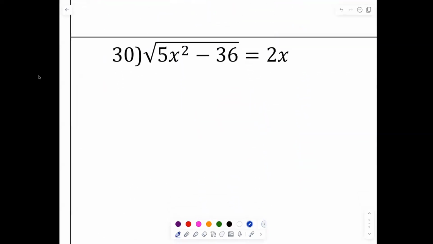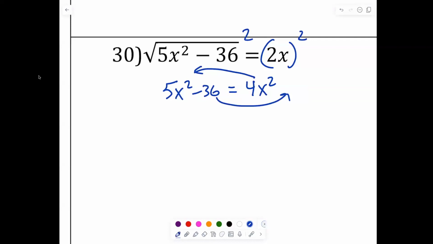What am I going to do to both sides here? Square, square, square. So 5x squared minus 36 equals what? 4x squared. Now, this is the one where I'm just going to move this over and move this over. So I end up with x squared equals what? 36, correct?